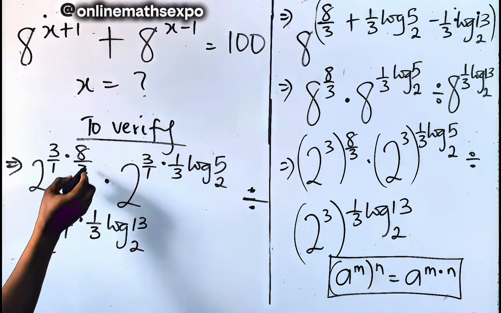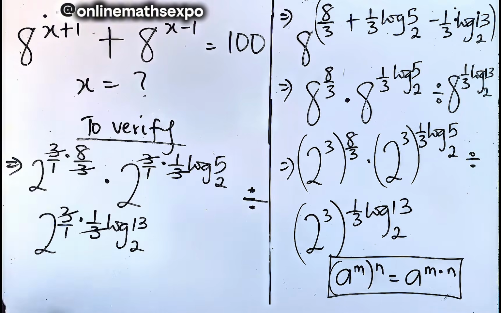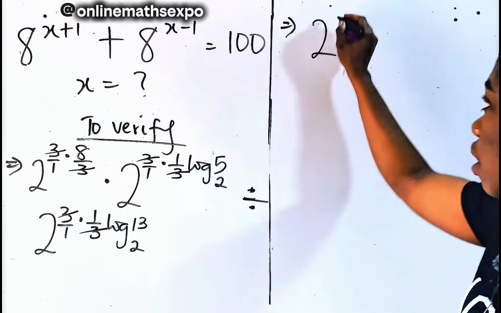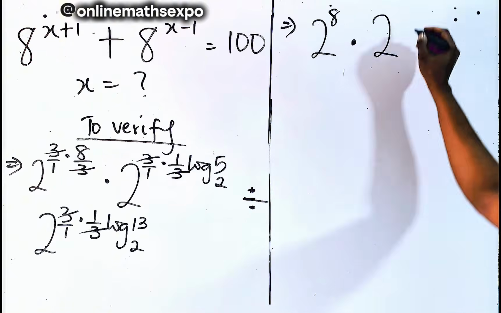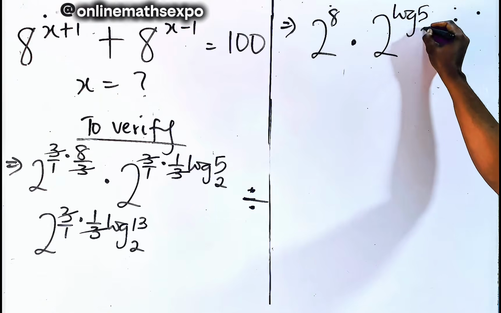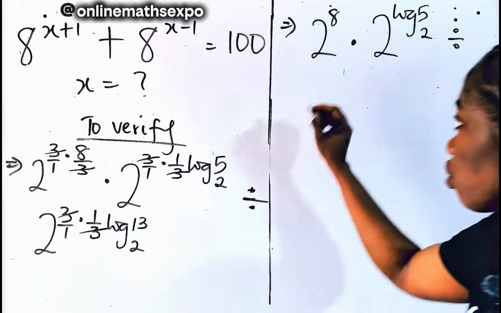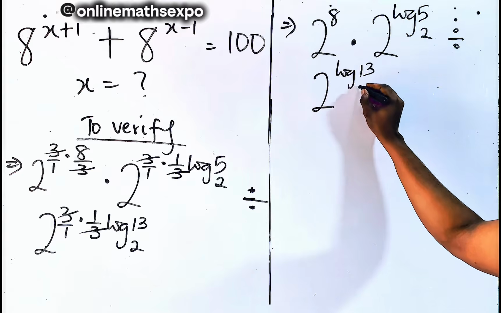So you see that this can take off this, and this can take off this. So if you simplify, this will be left with 2 to the power of 8, then multiplied by 2 to the power of log of 5 base 2, divided by 2 to the power of log of 13 base 2.